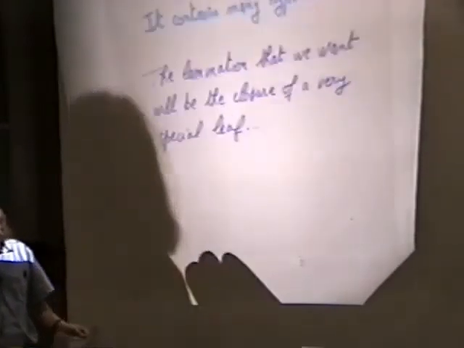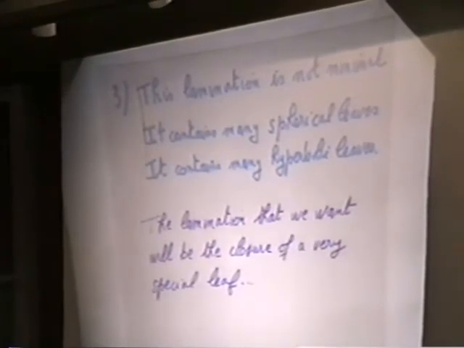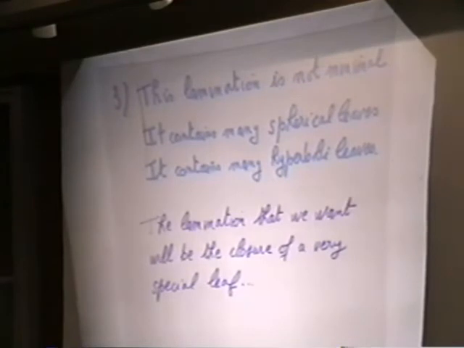Okay, so this lamination is not good for us, because this lamination is too big. It contains many spherical leaves, for example. Among the trees, we have finite trees. And if you take a finite tree and do this construction, you get a very complicated sphere, but a sphere.